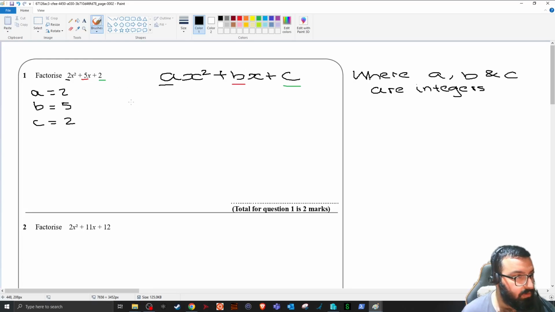Now, for us to actually start factorising here, our first step is to multiply a by c and find two factors of the result of a multiplied by c.